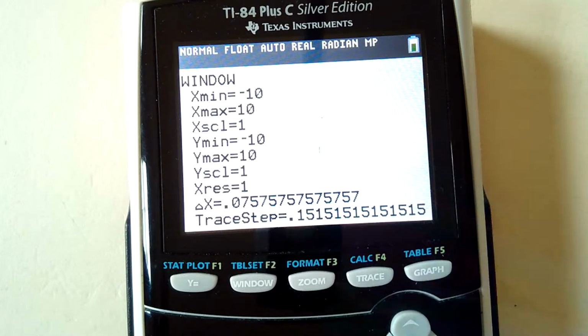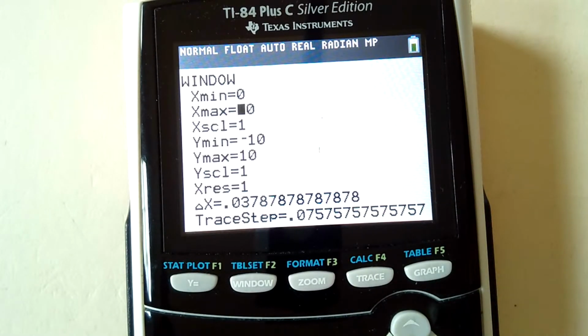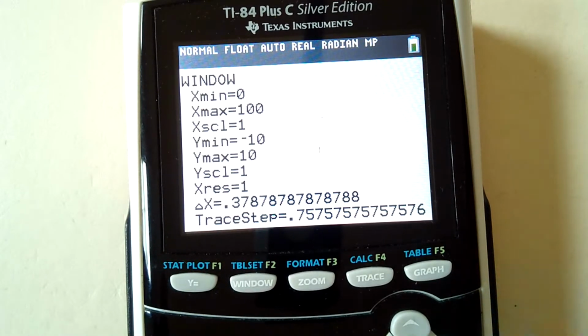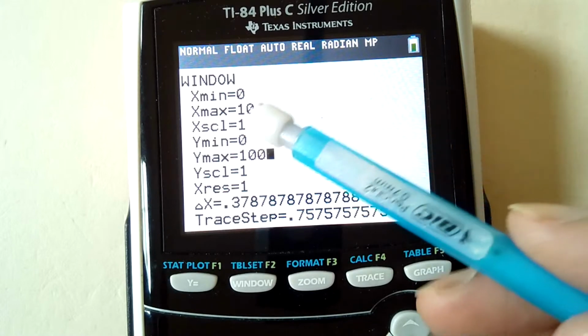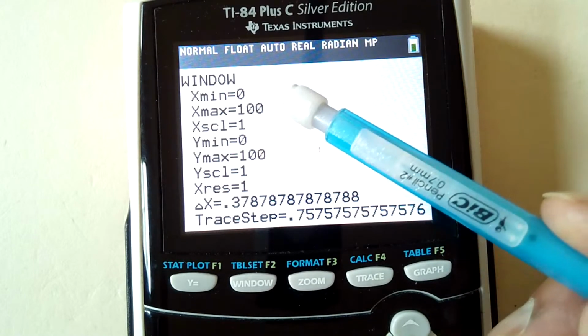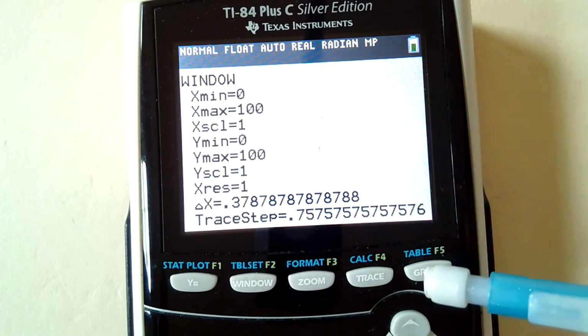I'll make the minimum 0. I'll increase the maximum. Okay, I'll make the maximum maybe 100. See what happens, right? And then I go back to my y minimum, 0, and my y maximum, I'll make that 100. So my x maximum and my y maximum 100 each. Now let's press graph.